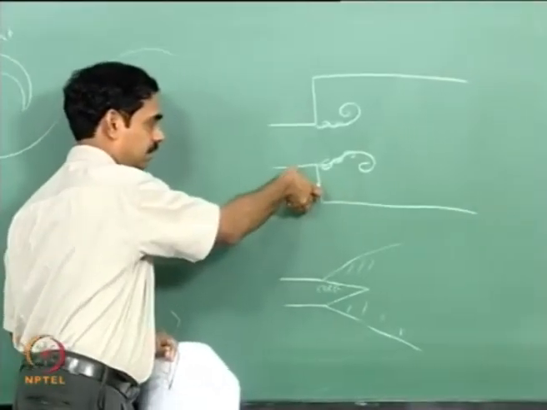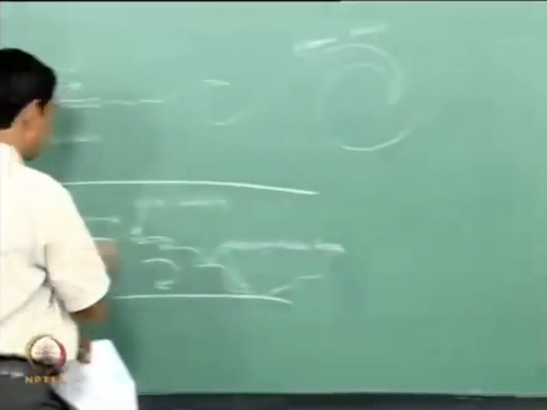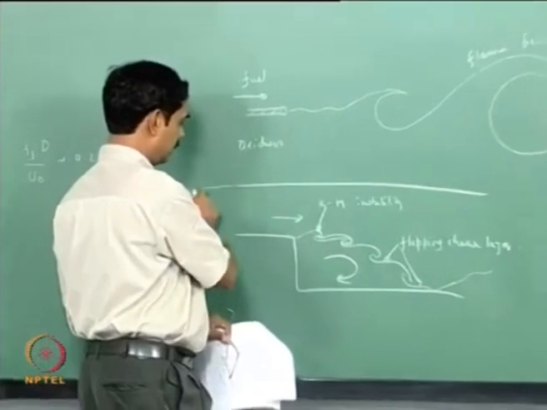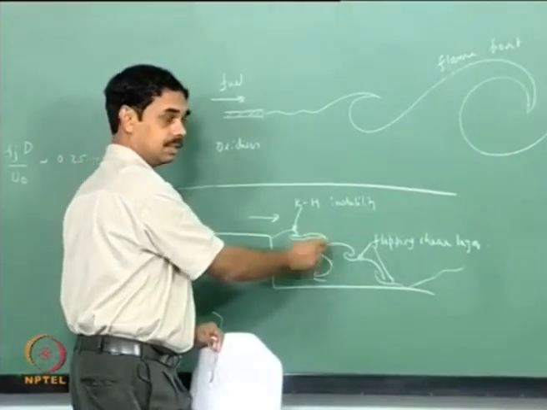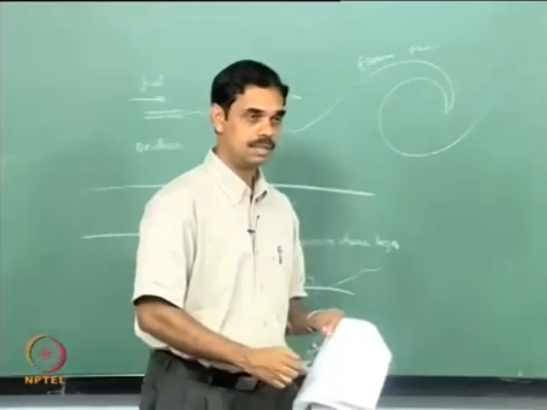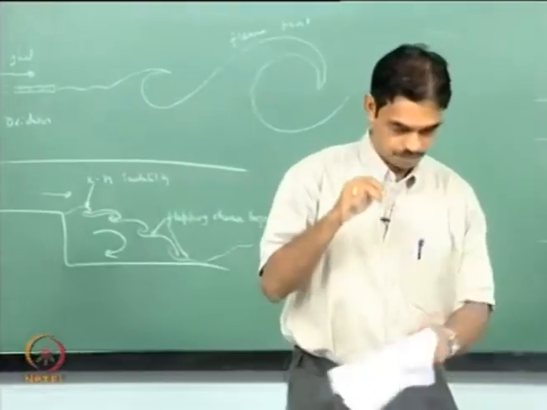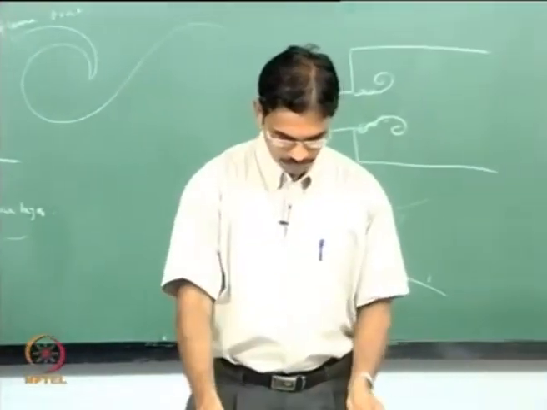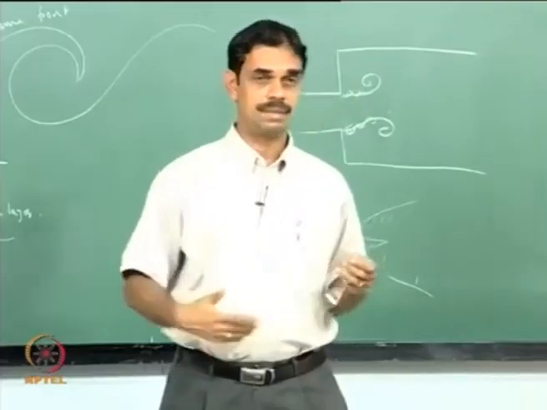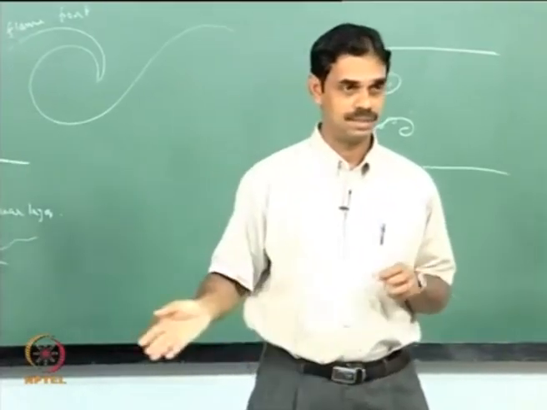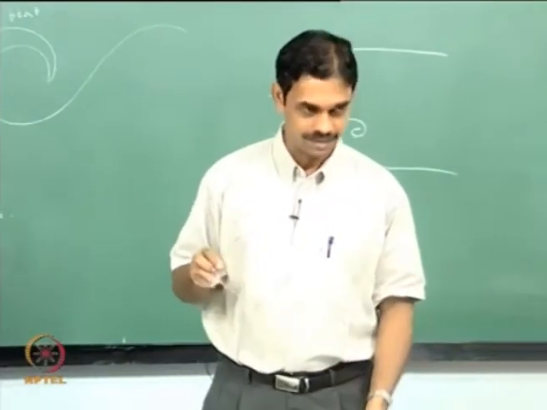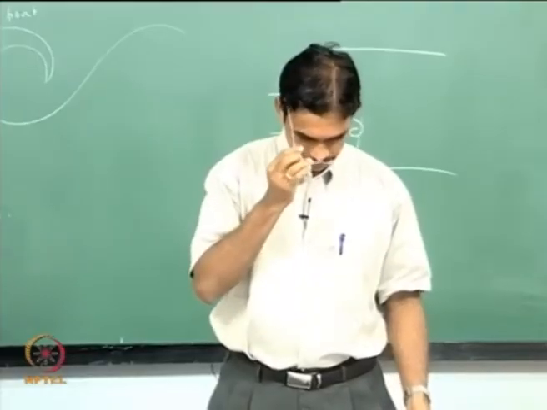But at some small enough step height, of course, this can actually go and impinge on the wall. That's a distinct possibility, and there can be interaction between the Kelvin-Helmholtz instability and the step mode or flapping mode instability, which is very complex.